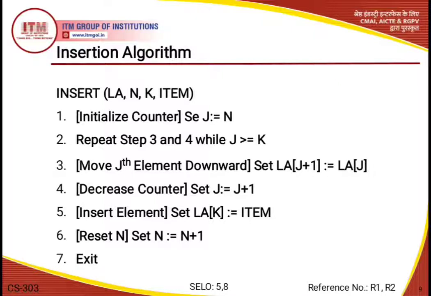now we can understand the insertion procedure by using this algorithm. So here in this algorithm, first of all we are just writing the algorithm name, which is insert, then the parameters which we are using: LA, lower bound, n is the nth number of elements, k is the variable which is used as the helping variable, and item is the particular element which we want to insert.